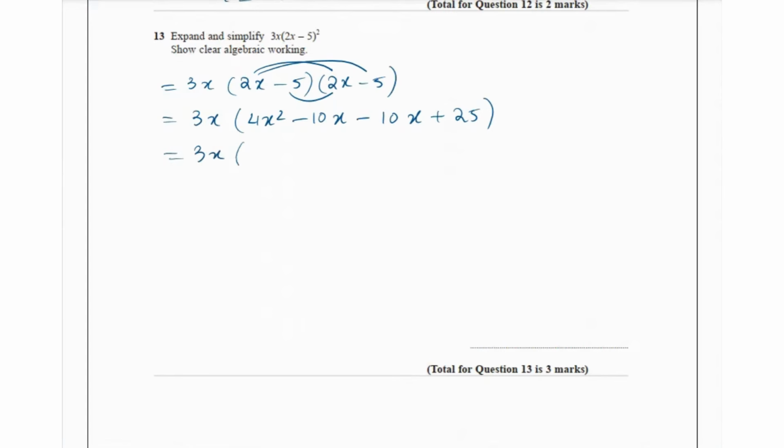Collect the like terms. 4x squared minus 20x plus 25. Multiply 3x with the terms inside the bracket. 12x cubed minus 60x squared. And then it's going to be plus 75x. This is your fully expanded and simplified answer.